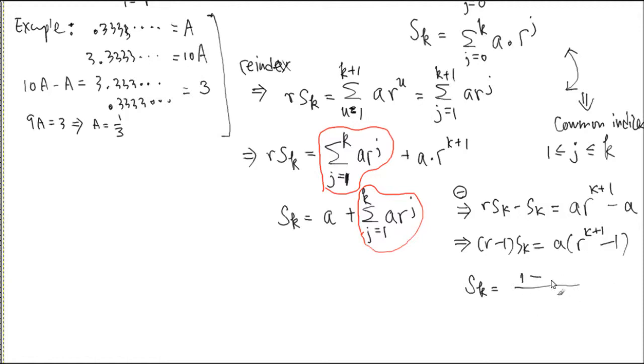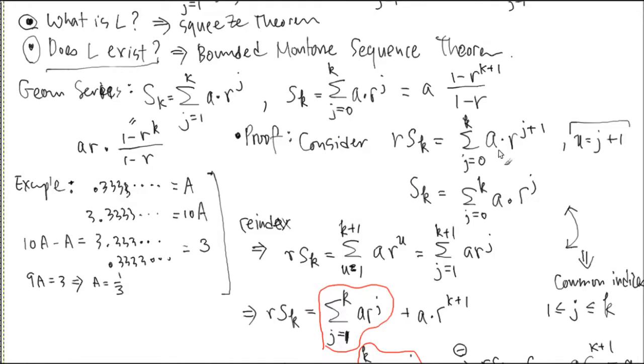Usually in the literature, they write it the other way, backward, but as long as they change sign in numerator and denominator, it's the same number. Okay? This is a geometric series.